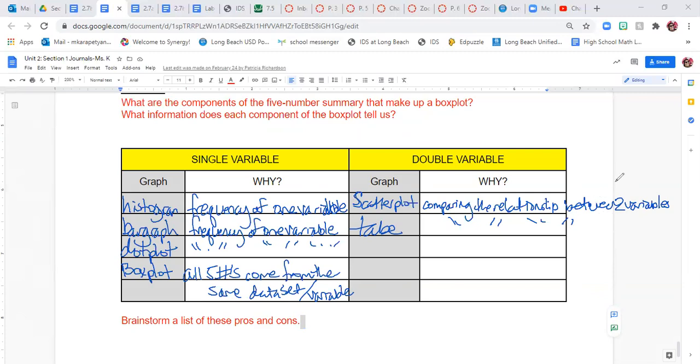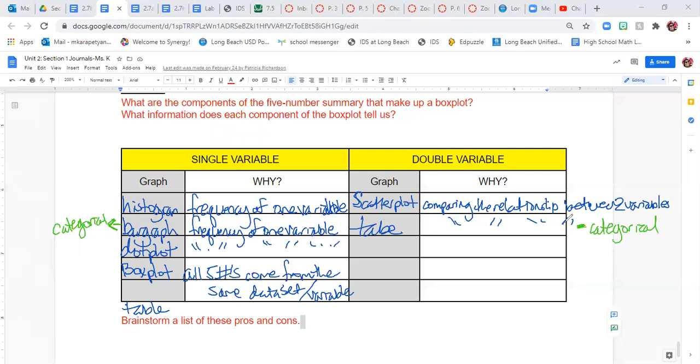It can actually, Maddie, yes. Yeah, a table can be double variable and it can also be single variable. It can be both because the table is a comparison of two categorical variables. Just like a bar graph is a count of a categorical variable.